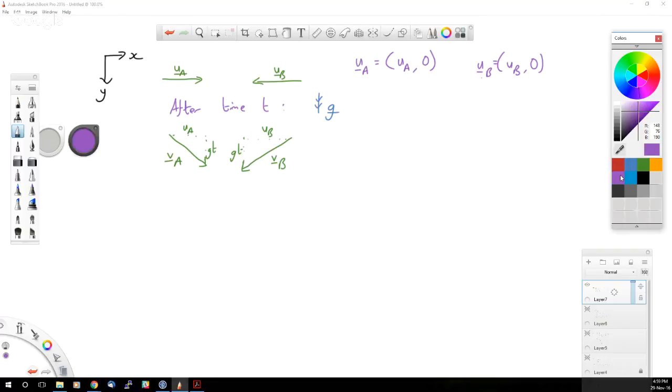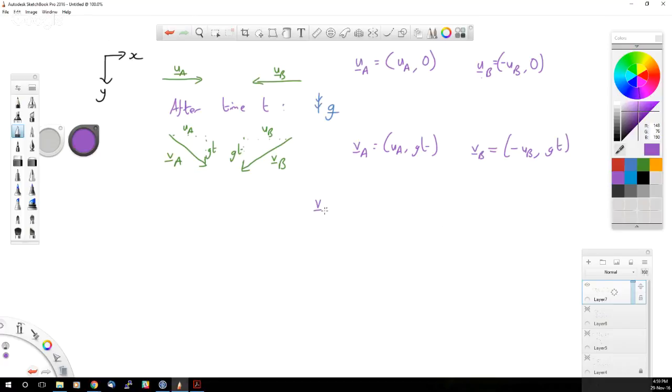And so now I can write these two as VA equals UA, GT. And I've just realized I've forgotten to put the minus sign there. So easy to do, but it means completely different things, because obviously this vector is in the negative x direction. So VB equals minus UB, GT.